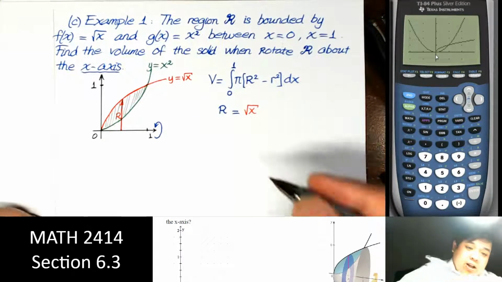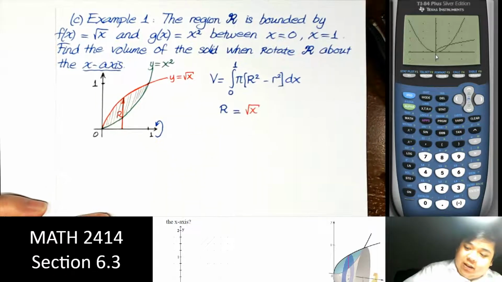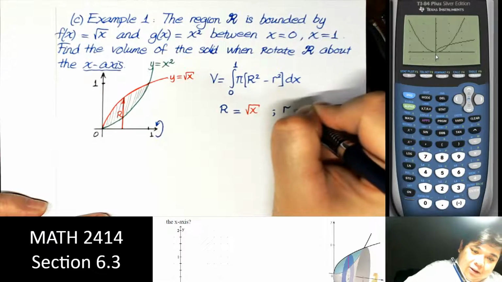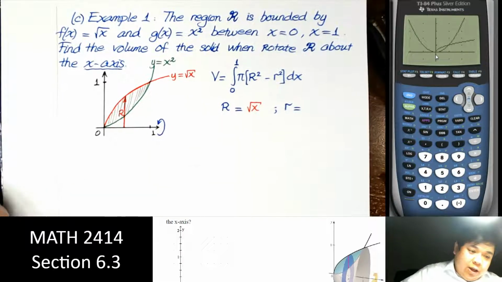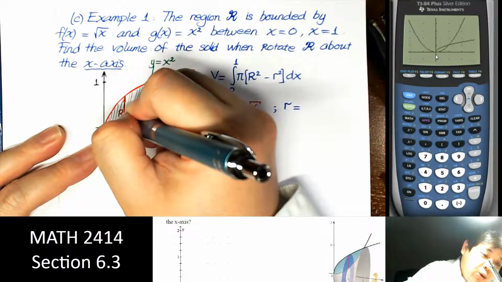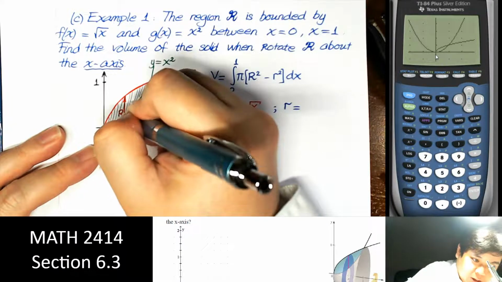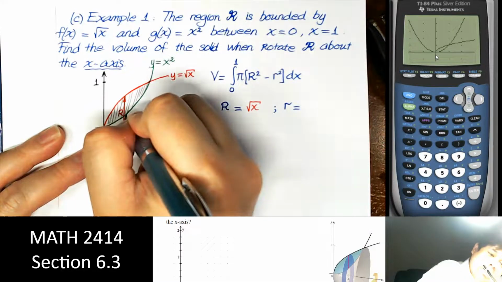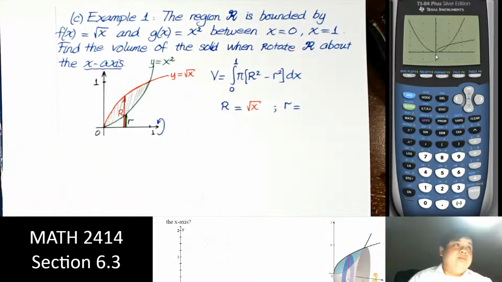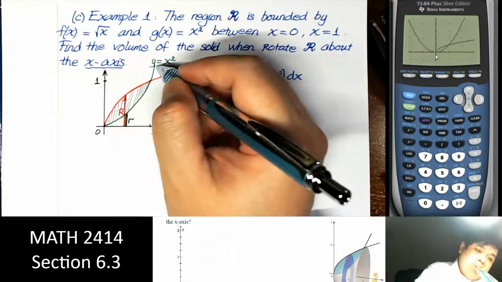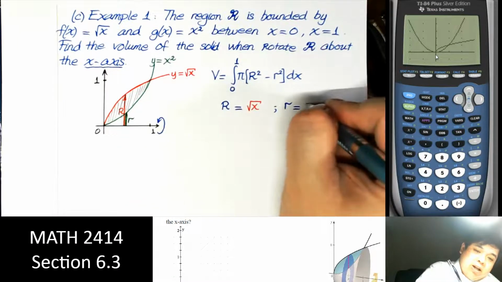Next, the little radius is also from the axis of rotation, the x-axis, to the edge. And so this is little r, which is the function above, x squared minus 0, so just x squared.